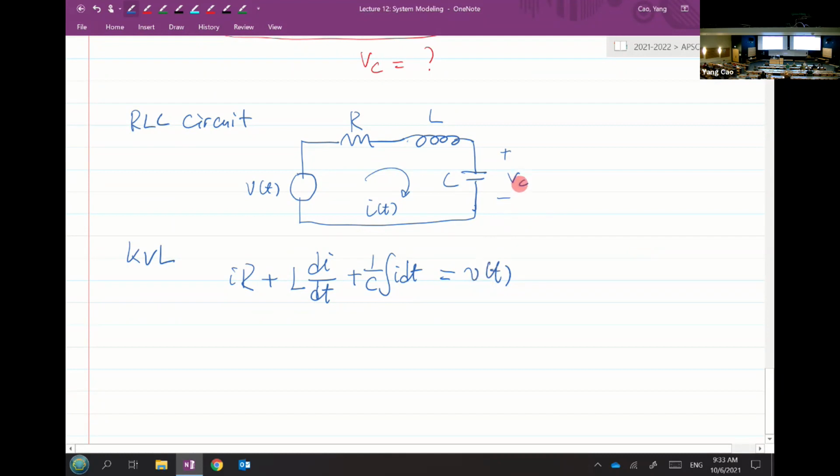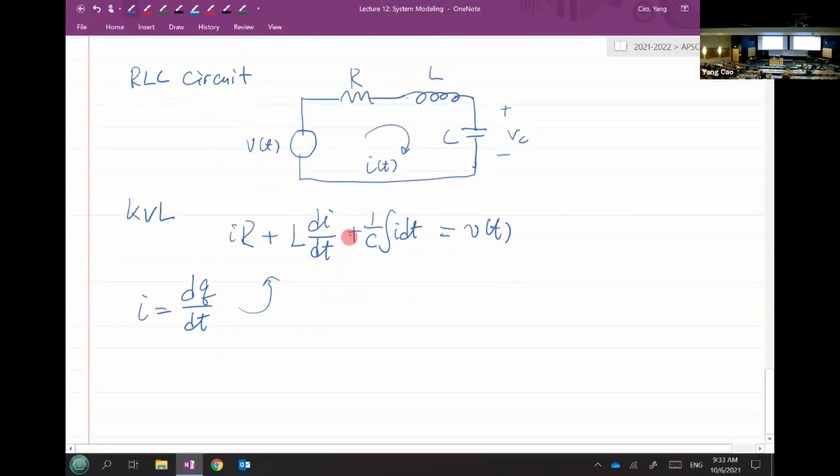So let's manipulate this a little bit and see how we can get to that equation. Another relationship we can make use of is I equals dq over dt, where q is the charge on the capacitor. So now I'm going to substitute I equals dq over dt into the above equation.